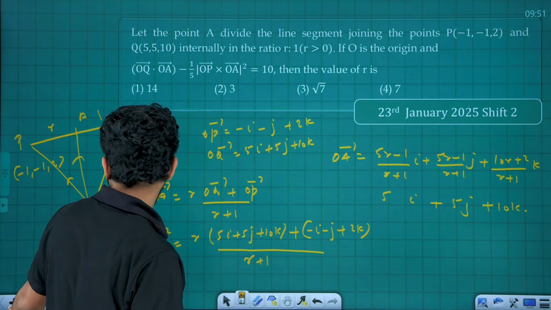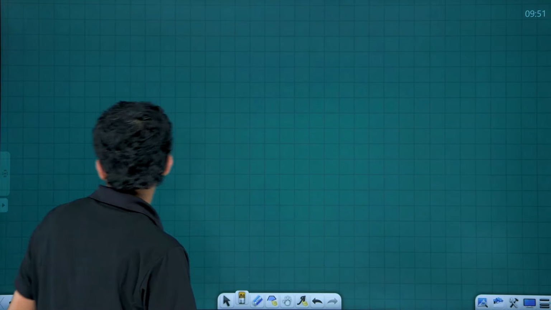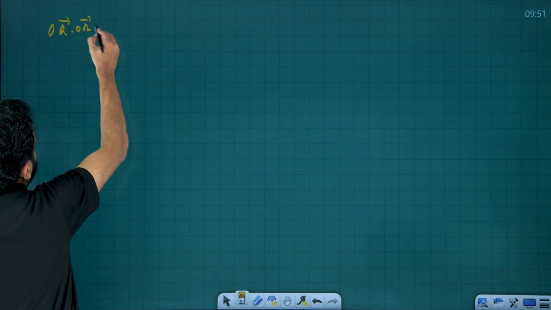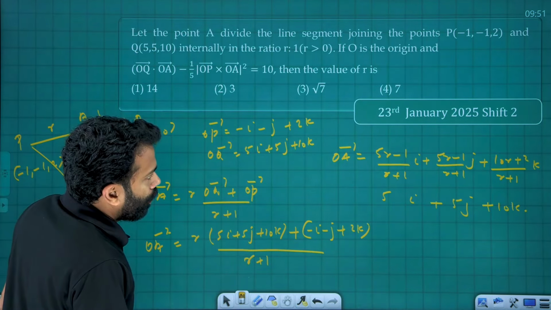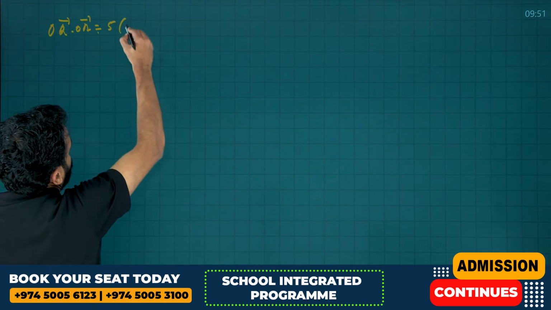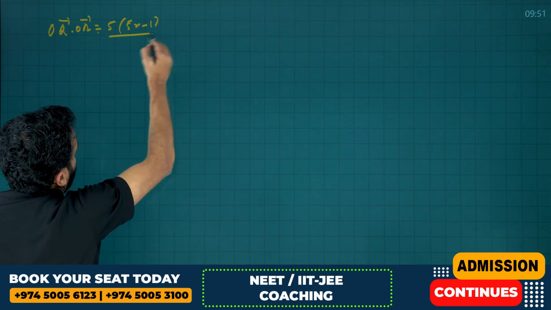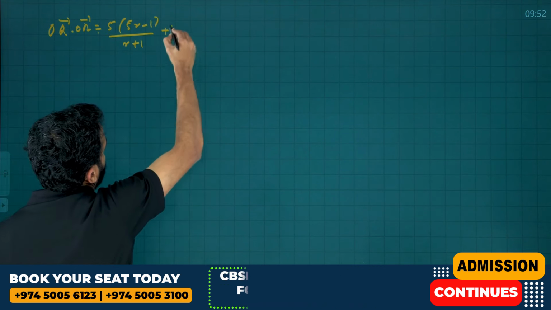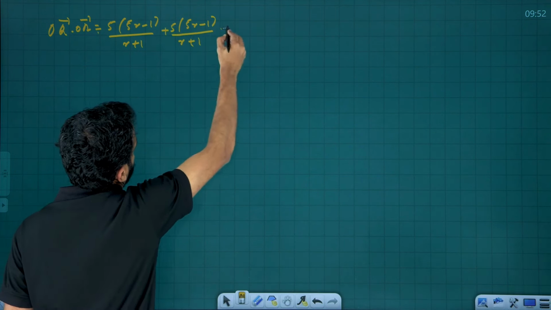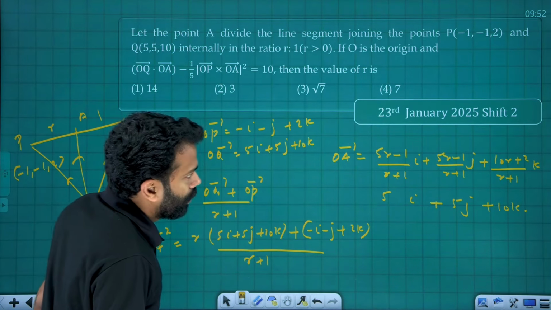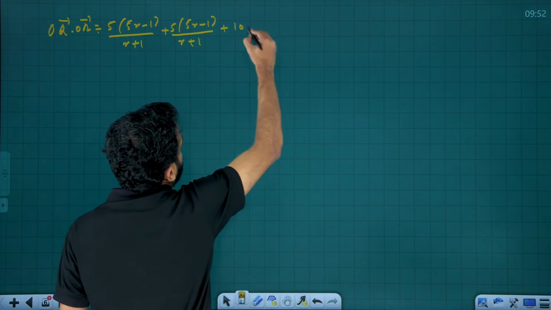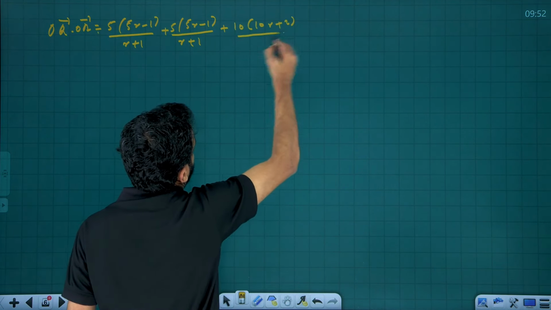Okay, let's write that in the next slide. Vector OQ dot vector OA is equal to 5 into (5r minus 1) divided by (r plus 1), plus again 5 into (5r minus 1) divided by (r plus 1), plus the last one, 10 into (10r plus 2) divided by (r plus 1).